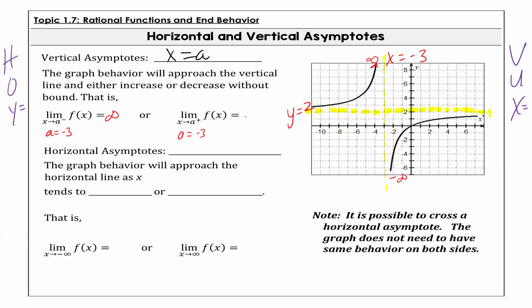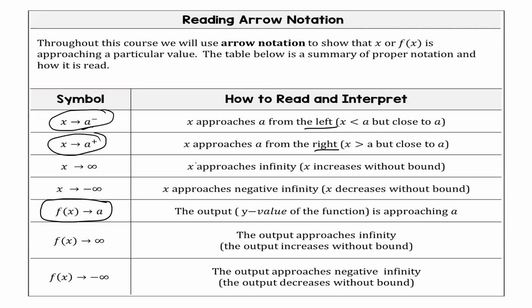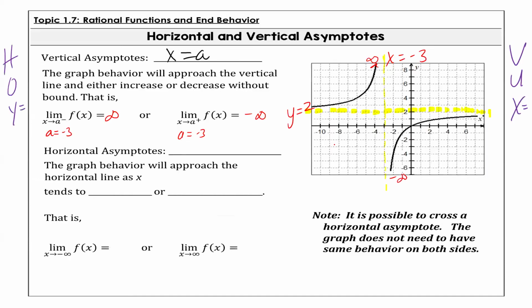To negative infinity. A plus and minus where? This right here, because it's telling you you're coming from the left or the right. So if you go back here, the minus tells you you're coming from the left. The plus tells you you're coming from the right. Got it? All right.